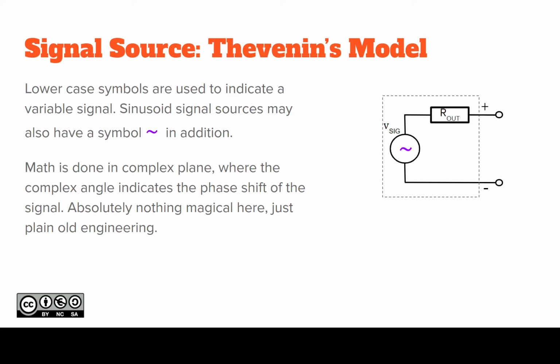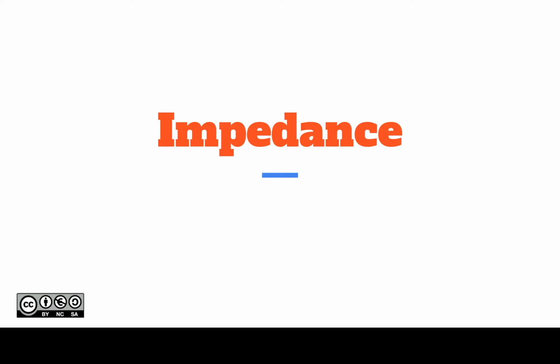PSK, phase shift keying. It's all about phase. So complex numbers are needed. But anyways, it's called engineering. That's why you are here at the University of Applied Sciences, to actually learn and practice these things. Okay, that was the overall view of what happens in the following next couple of hours.